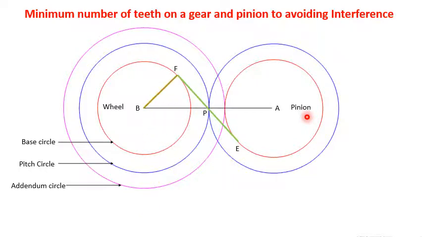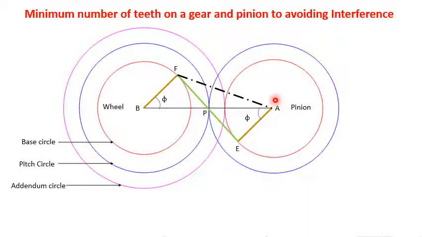Now from the center of the wheel to the tangent point, draw a line BF, and let me consider its angle as phi. Similarly, for the pinion, from the center of the pinion to the tangent line, draw a line. Its angle is also phi.